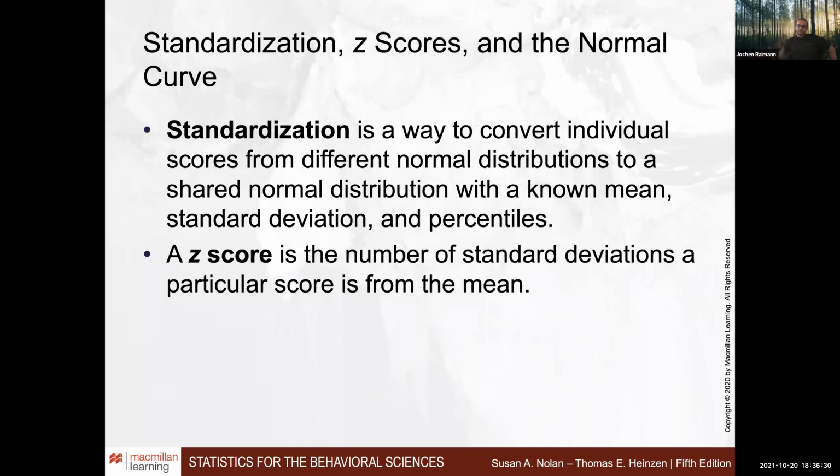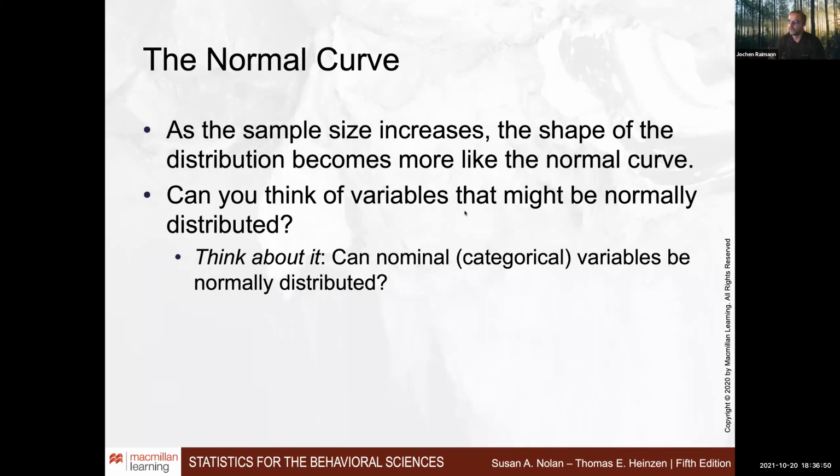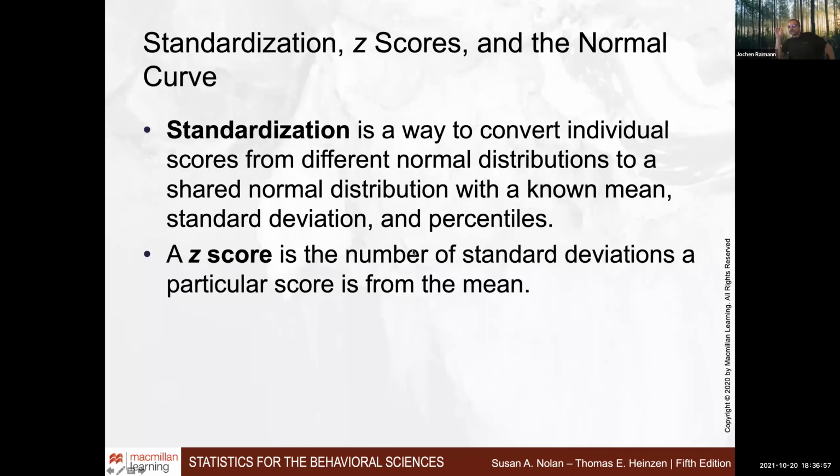Standardization is a way to convert an individual score. And again, we're looking at a histogram that has frequency on the y-axis and a continuously depicted continuous variable on the x-axis. If we are looking at an individual score, that individual score is essentially one score on the x-axis.